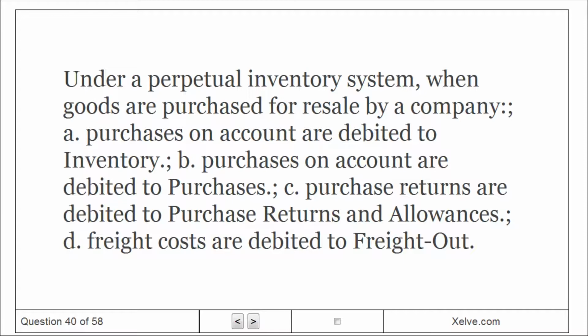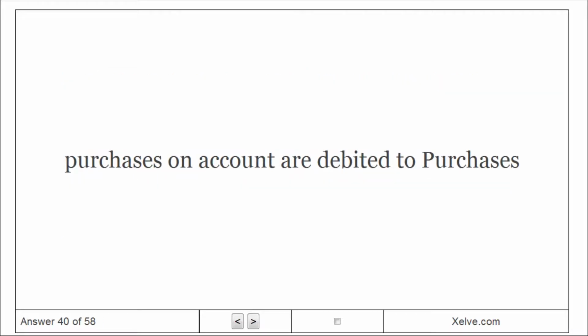B. Purchases on account are debited to purchases. C. Purchase returns are debited to purchase returns and allowances. D. Freight costs are debited to freight out. Answer: purchases on account are debited to purchases.